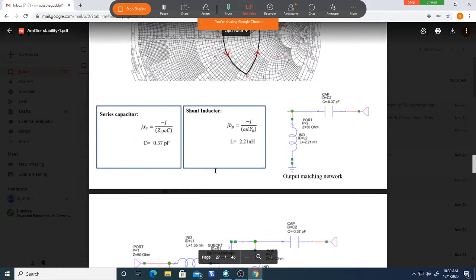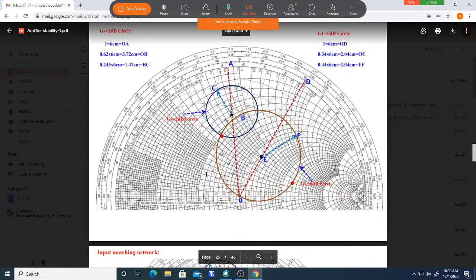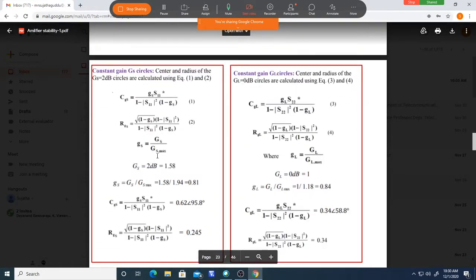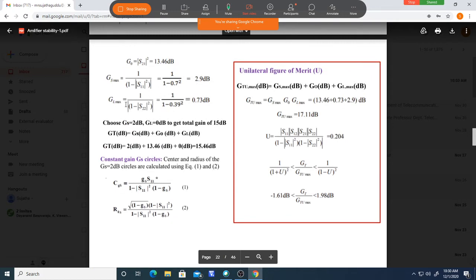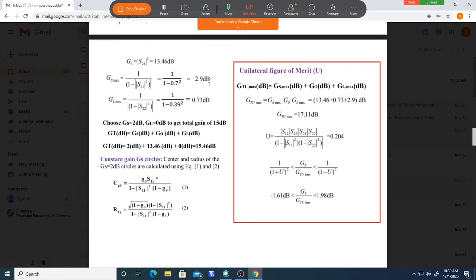In the previous problem, GS maximum was 2.9 dB, but out of this 2.9 dB we took only 2 dB.